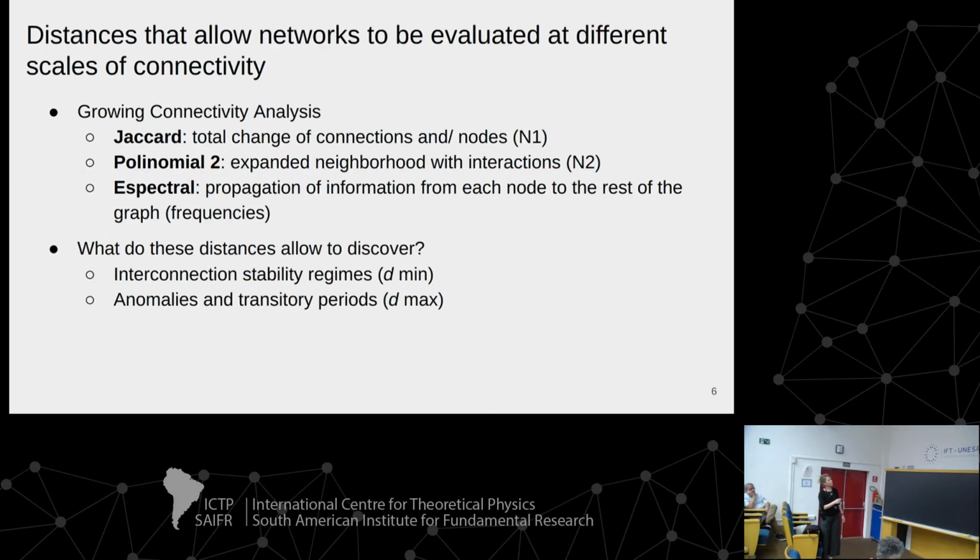So, sorry. What do these distances allow to discover? They will allow to show the interconnection stability regimes and anomalies and transitory transition periods, with respect to where this distance is very small or very large. And this is exactly what I want to see when I compare it from year to year.